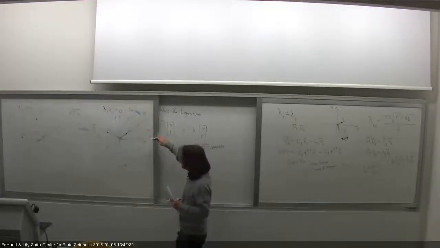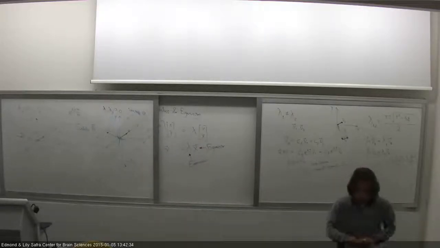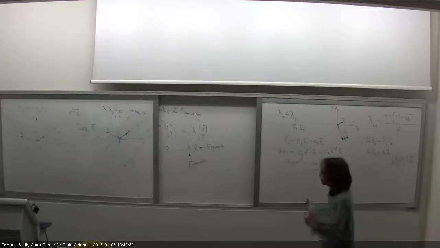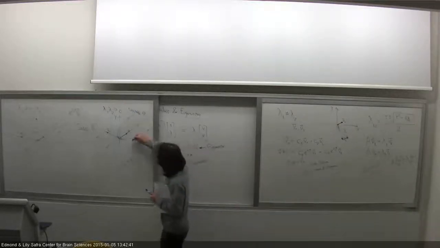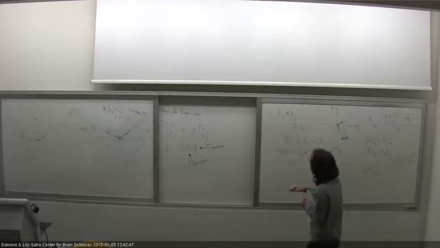And this is a type of consideration that you are expected to know how to do yourself. Lambda 1 is bigger than lambda 2, so the trajectories should go eventually to the direction of v1.